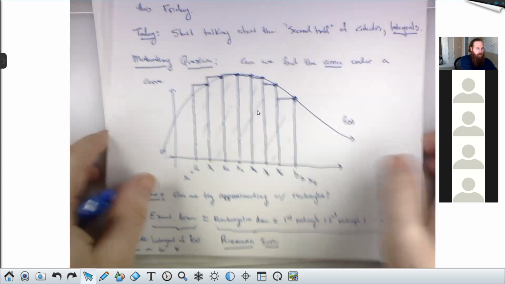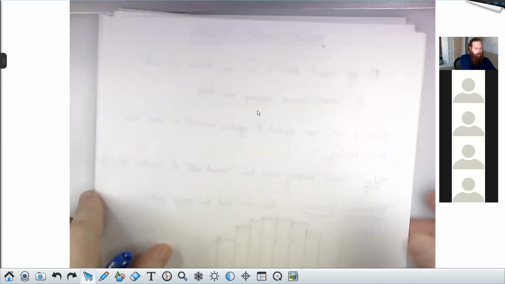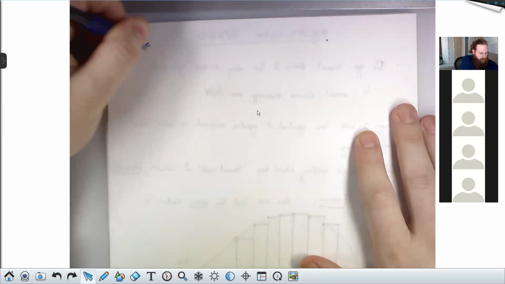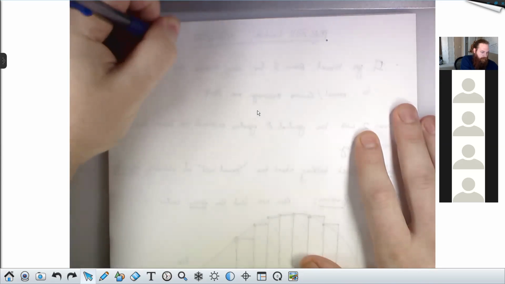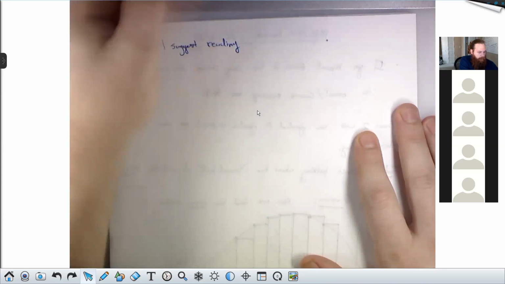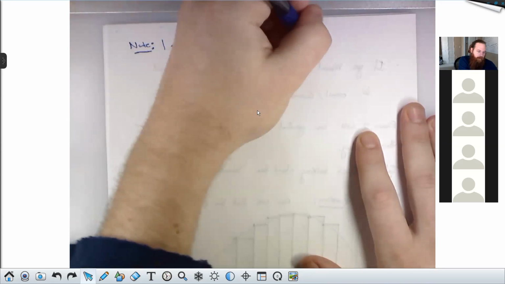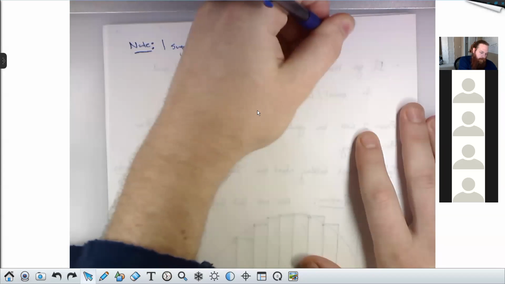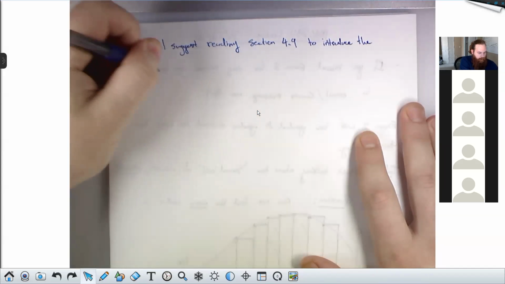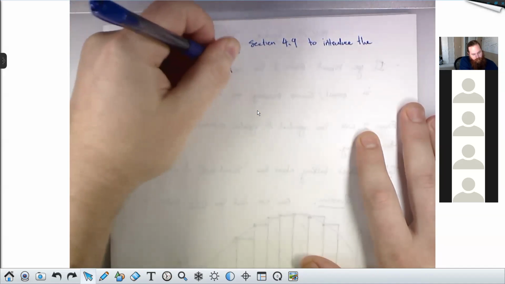We're going to need a crash course on antiderivatives, but I think I'm going to shove that in when we get into section 5.2. So a quick note. I suggest reading, I remember being surprised by this, section 4.9 to introduce the idea of an antiderivative.